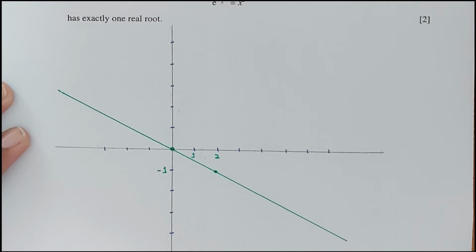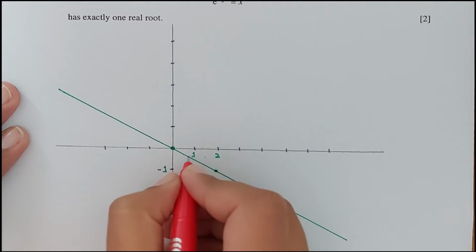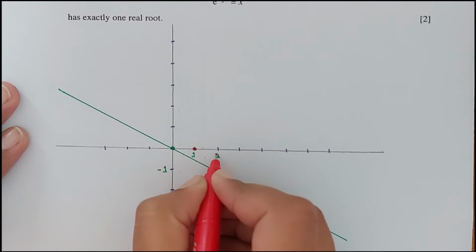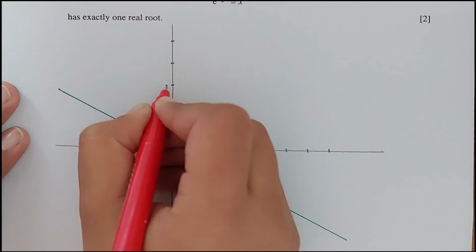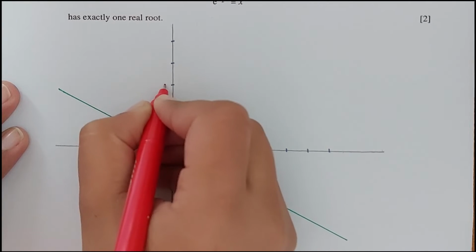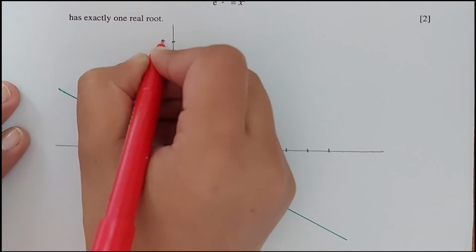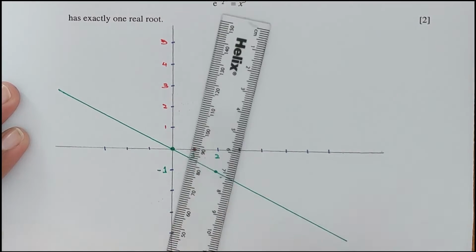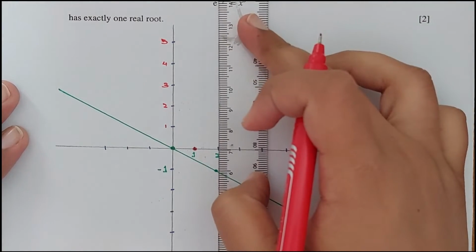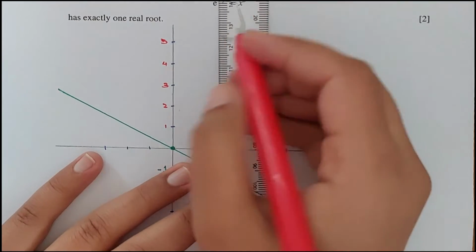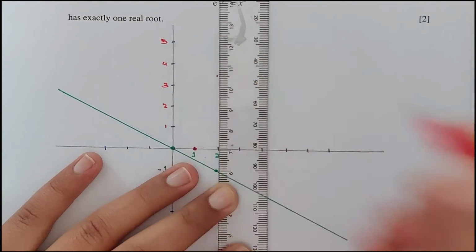Now let me sketch the ln function, 5 ln of x, right. So when x is 1, y is 0. When x is 2, y is 3.5. In terms of centimeters, when x is 2, y is 3.5, so this is 3 and 3.5, this point.